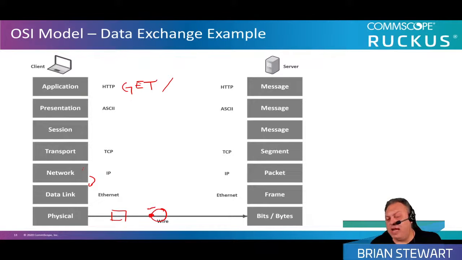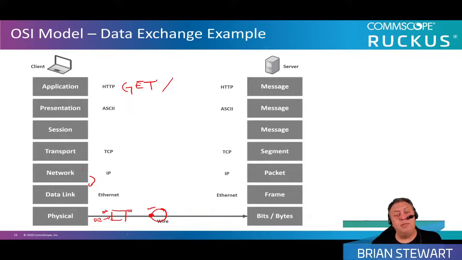The Ethernet frame is destined towards my router, not towards www.comscope.com. As it goes through the switch, which has MAC tables, it has learned the hardware addresses of the devices on this local network. So when that frame is received here, it knows which port to send it out.